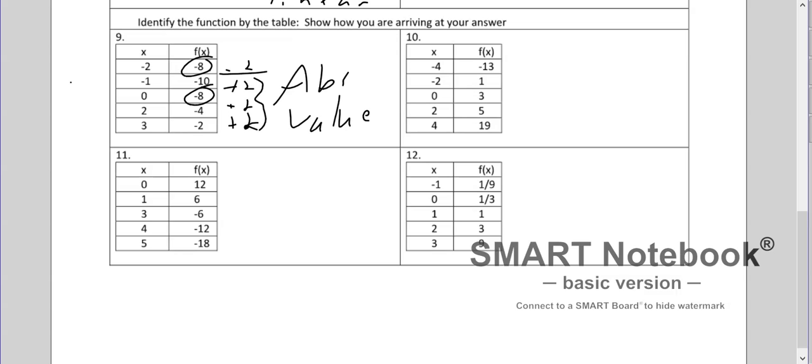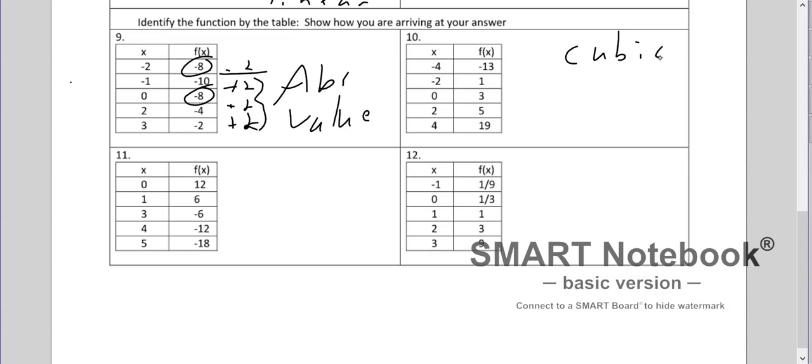But again, if you put this in Desmos, you will see that you're going to get -4, -13, say down here, -2, +1, 0, 3, 2, 5, 4, 19, and you will see you have a cubic function. Okay, that's a trickier one because it doesn't follow the same patterns we did in the assignment.